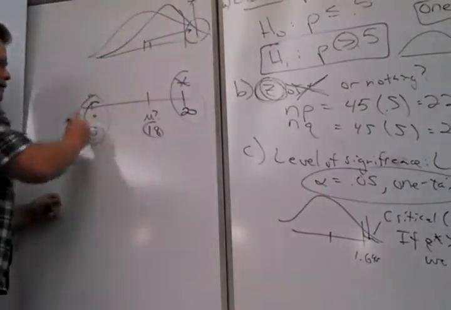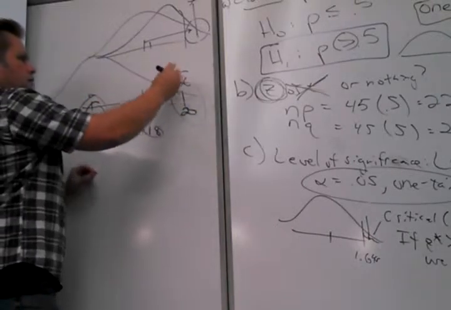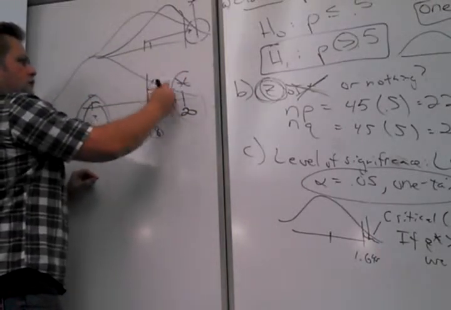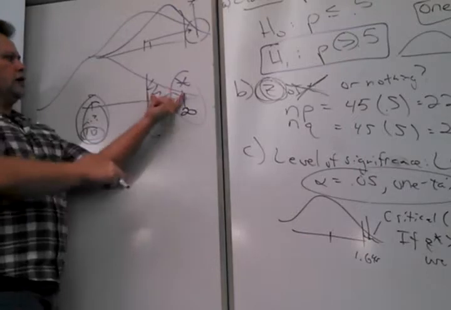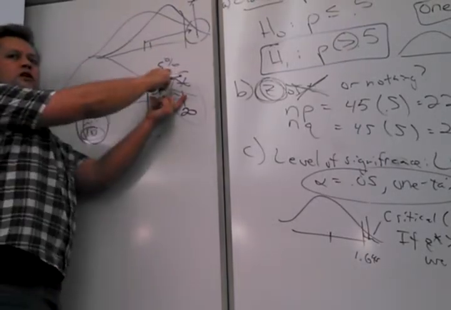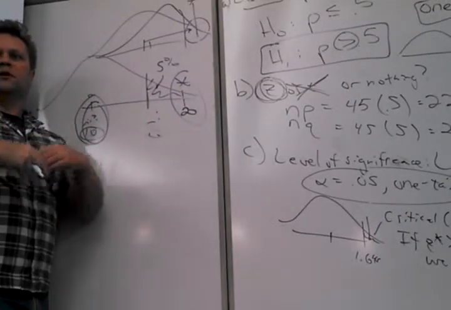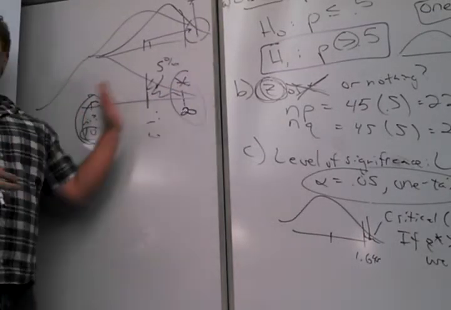If that really is the middle, and this is my cutoff, how much is out here for us? 5%, right? So there's a 5% chance that this could really be the middle. But there's a much higher chance that this ain't the middle. It's actually something higher.